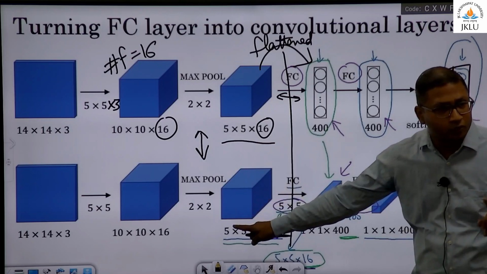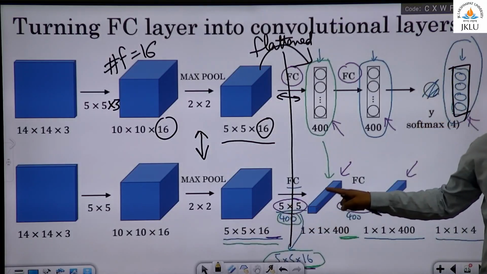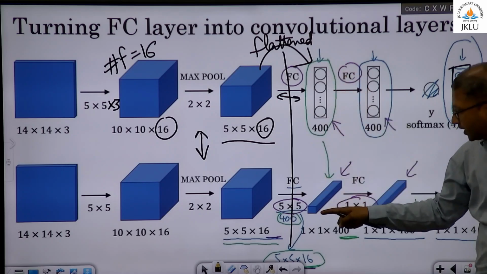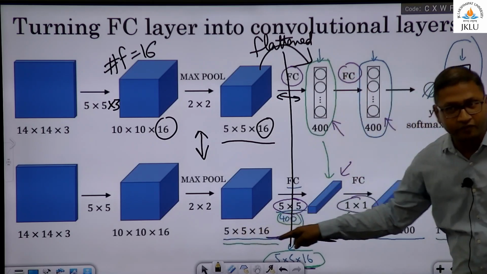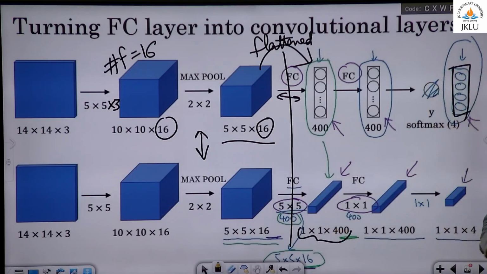So this was a volume of size 5 cross 5 cross 16, 400 numbers, still 400 numbers, but I don't keep it as a vector now. I just keep it as a volume. So instead of 5 cross 5 cross 16, these numbers are rearranged to give you 1 cross 1 cross 400. Fine? Okay.